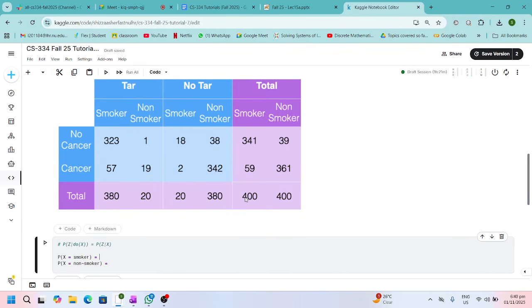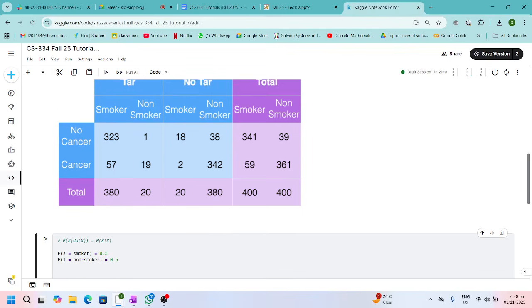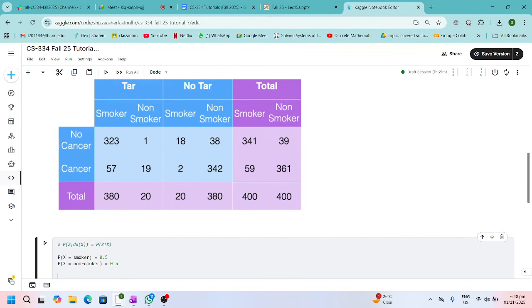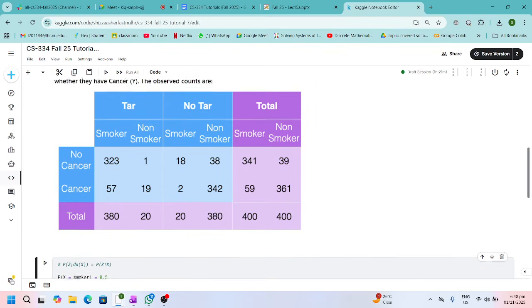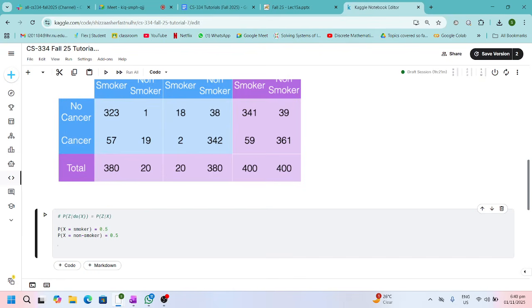See, I have 400 smokers and I have 400 non-smokers. So 400 divided by 800 each, which means ke 0.5 each. ये मैंने initial दो stats compute कर लिए. The probability that an individual is a smoker is 50% and the probability that an individual is a non-smoker is also 50%.